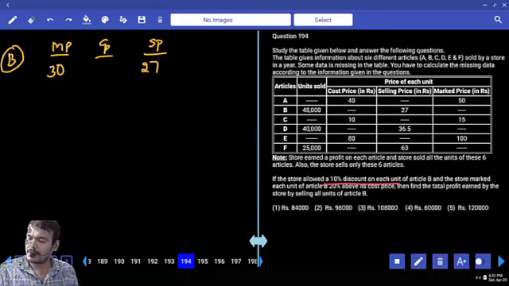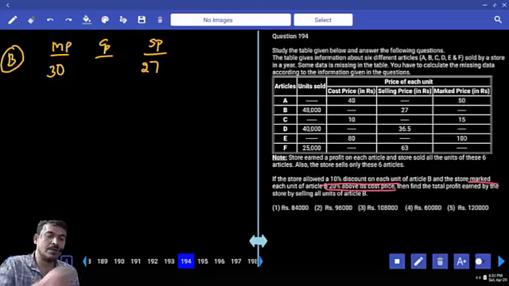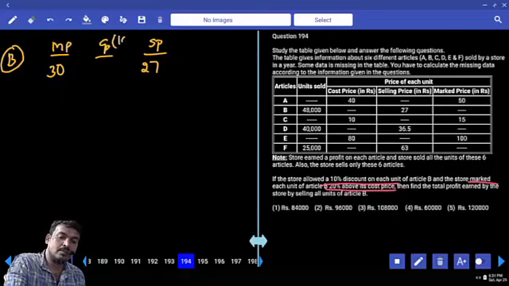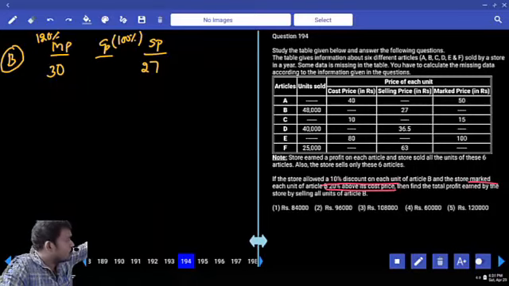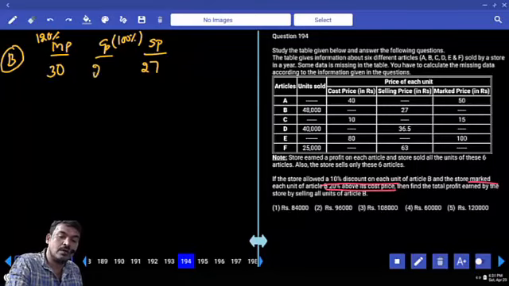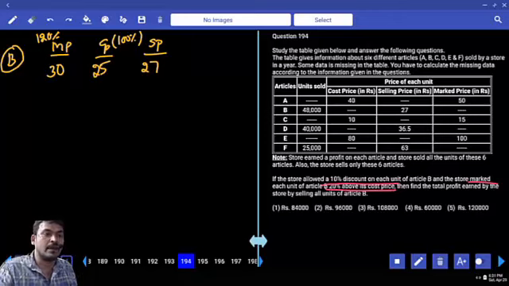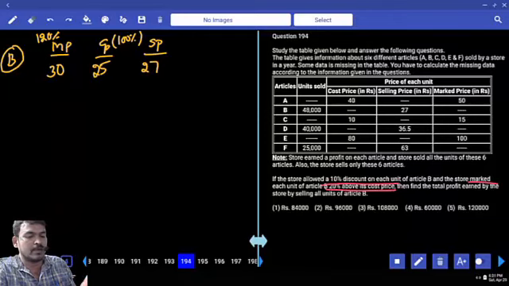Next, what the market price is 20% above the which one? Cost price means cost price is 100%, market price is how much? 120%. It is one fourth value, so cost price also one fourth. Cost price is how much? 25. Cost price 25, selling price 27, market price is 30.